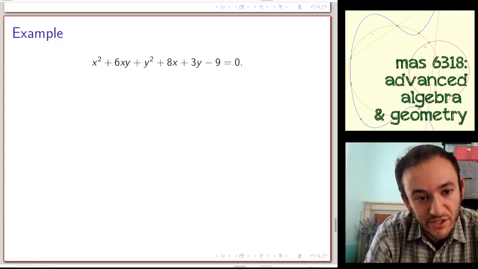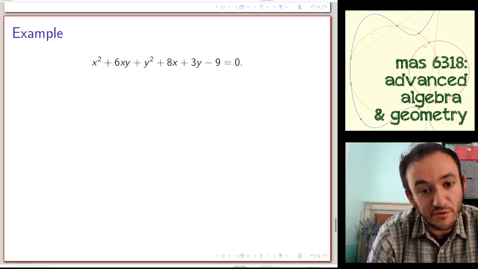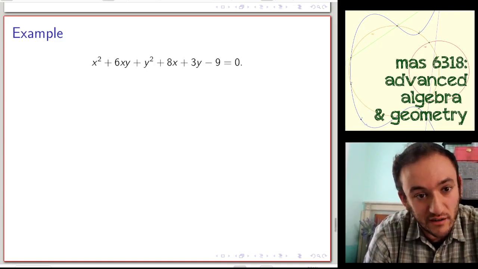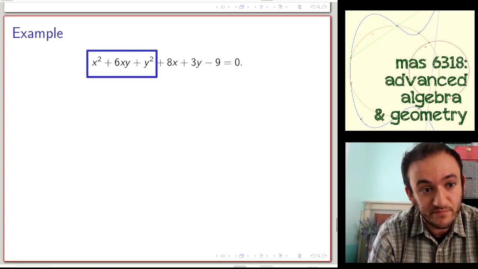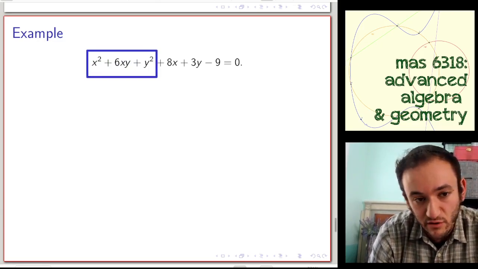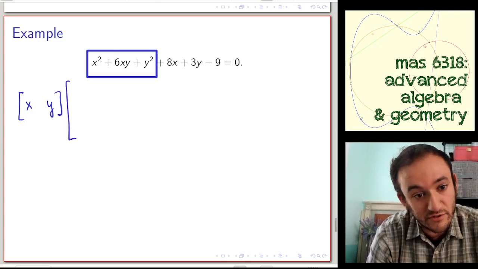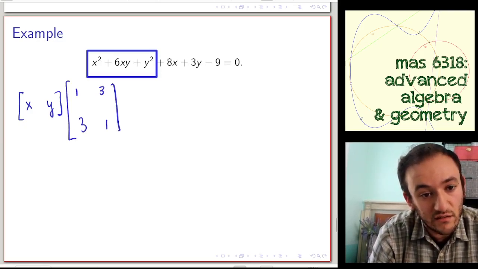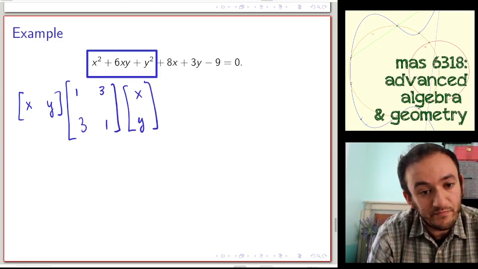So here we have the equation x squared plus 6xy plus y squared plus 8x plus 3y minus 9 equals 0. As we did in our discussion before, we start with the degree 2 part. This can be re-expressed as the row vector (x, y) times the real symmetric matrix with 1, 1 on the diagonal and 3 on the off diagonal, times the column vector (x, y) again.